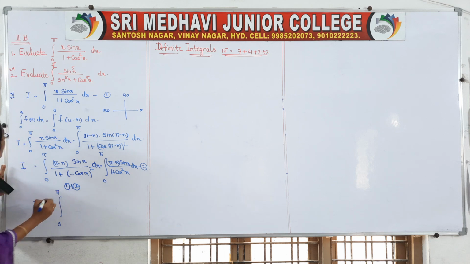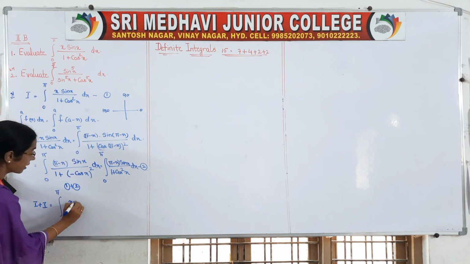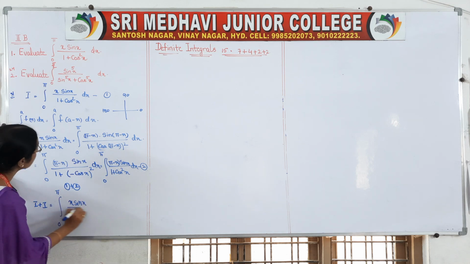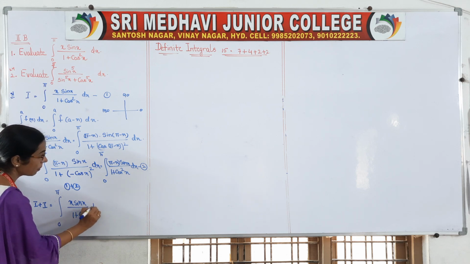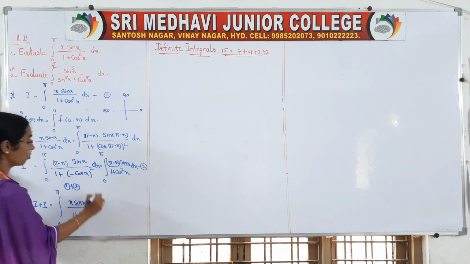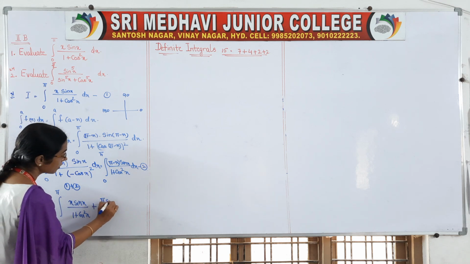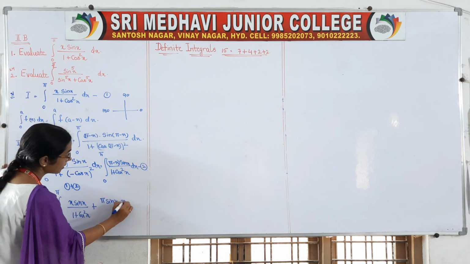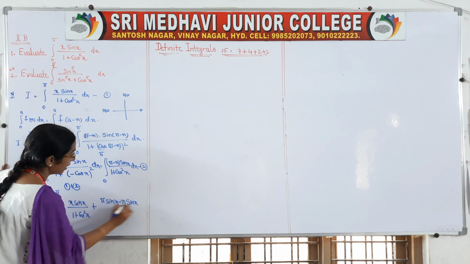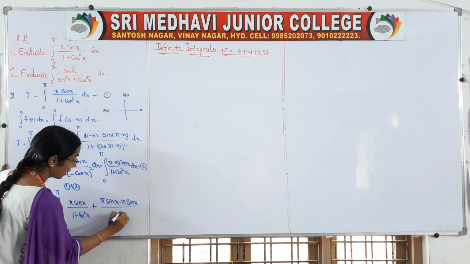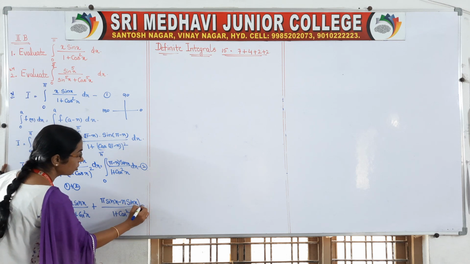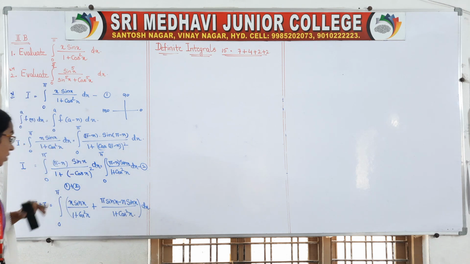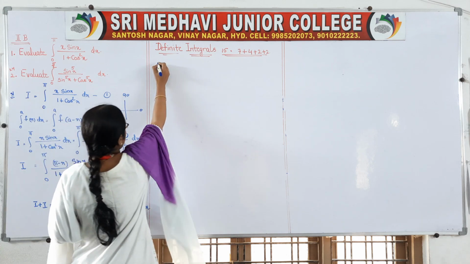So 0 to pi, what is the value? x sin x by 1 plus cos square x plus, here also you can open the brackets, pi sin x minus x sin x by 1 plus cos square x, into dx. Now we can take the LCM.